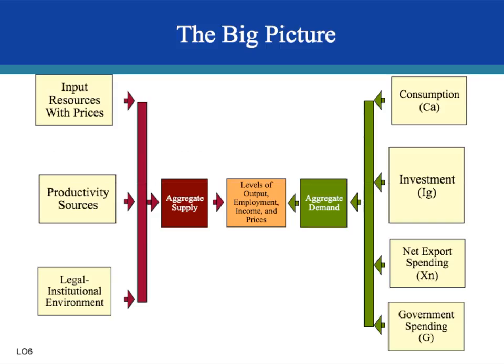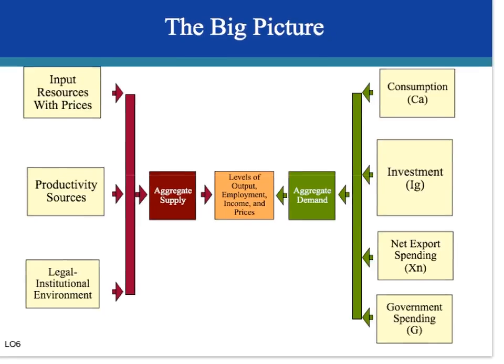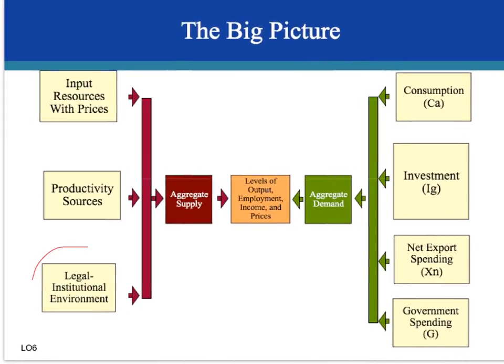Okay, so in the big picture, monetary and fiscal policy affect aggregate supply the most through business taxes, subsidies, government regulation, and aggregate demand is affected by monetary policy with interest rates, and also by fiscal policy with tax levels.